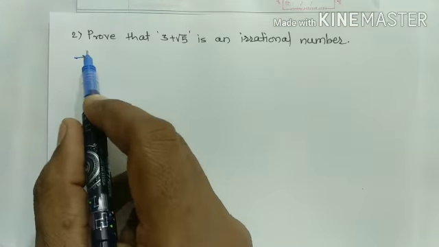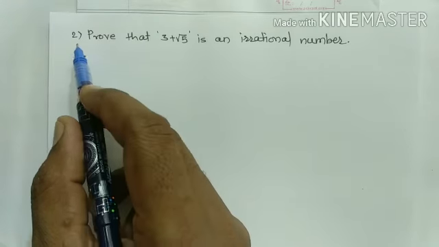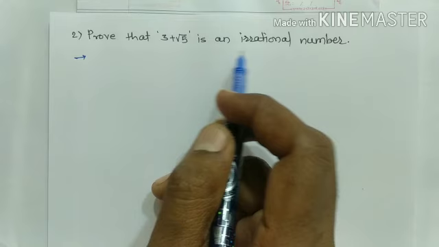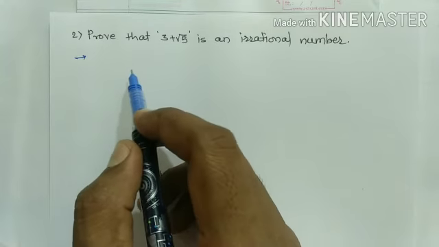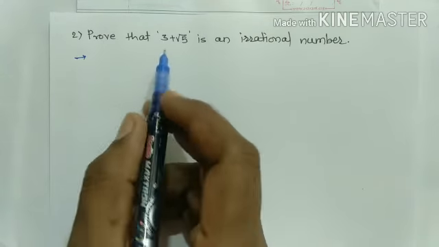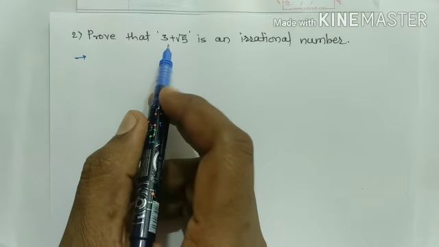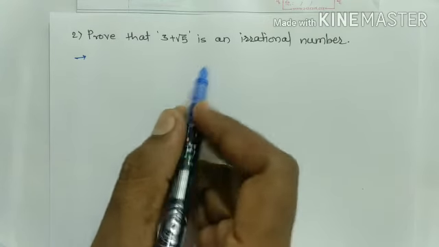नाव द नेक्स्ट एक्झाम्पल इज एक्झाम्पल नंबर सेकंड, टू प्रूव्ह दॅट 3 plus root 5 इज अन इरॅशनल नंबर. अशा टाईपचं एक्झाम्पल आपण एक्झाम्पलमध्ये सॉल्व्ह केलेलं आहे. हिअर वी ऑल्सो यूज द इनडायरेक्ट मेथड टू प्रूव्ह दिस स्टेटमेंट, that is 3 plus root 5 is an irrational number.